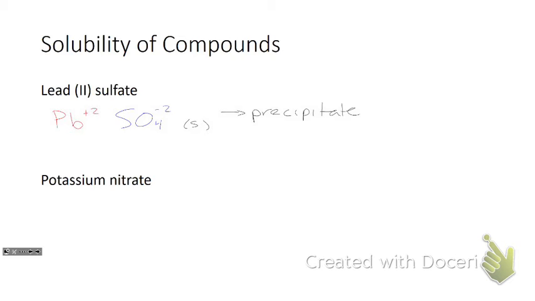Potassium nitrate. Potassium is a group 1 metal, so it always has a charge of plus 1. Nitrate is a polyatomic ion. This is not potassium nitride, this is potassium nitrate. So nitrate is NO3.